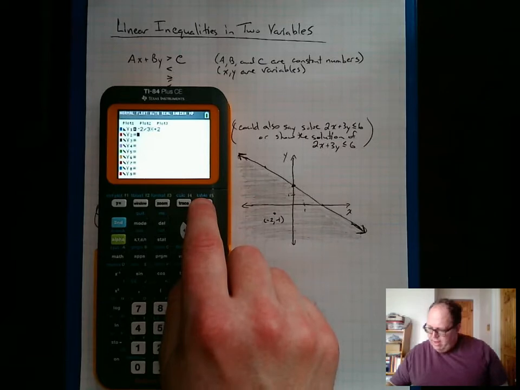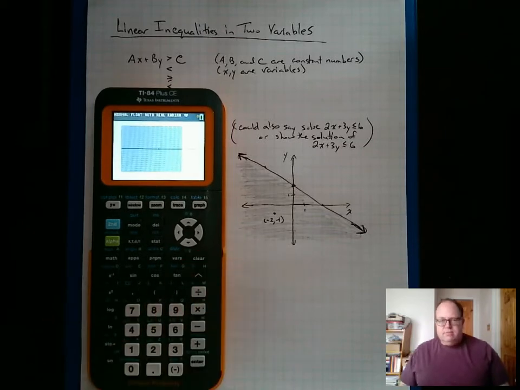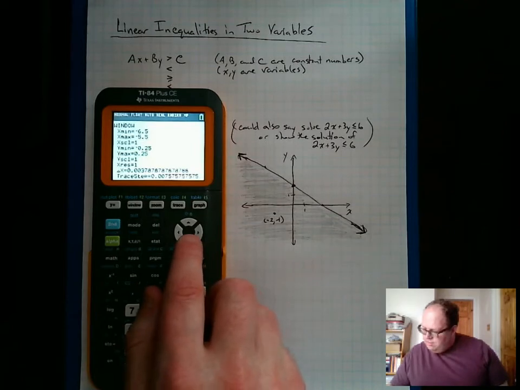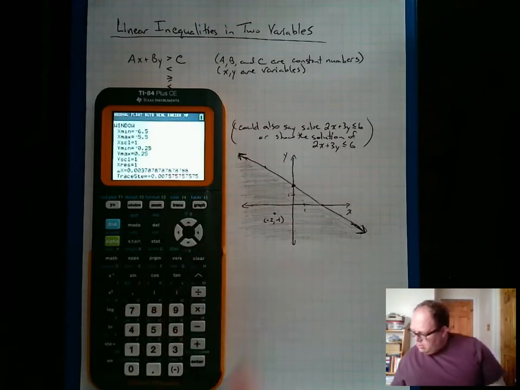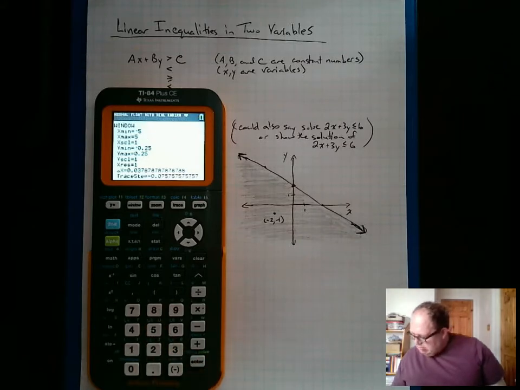Then I'll put in what my equation would have been, which was -2/3 x plus 2. And if I graph that, and if I change my window settings to something actually useful, on the graph I had over here, I went from something like -5 to 5 with y values of around -4 to 5.